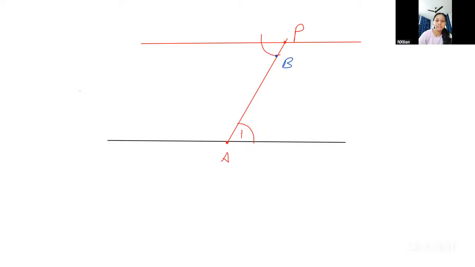You have to cut an arc here. C point. And then join C and P and extend them to both sides.